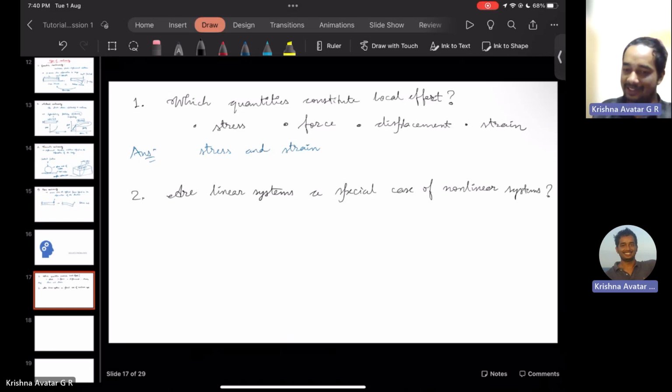Then you must be recalling, right? The answer is yes. Why? Because linear systems are approximations of nonlinear systems, and they hold only when certain parameters are very small. Okay, and say if there is very small deformation, then you can use linearity and then solve the problem, right?